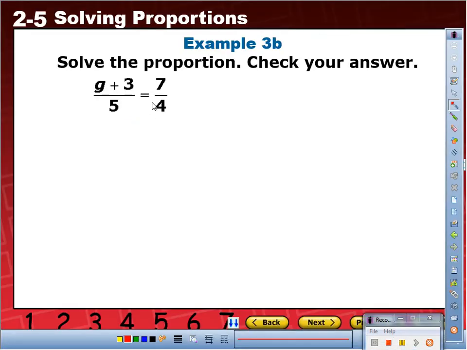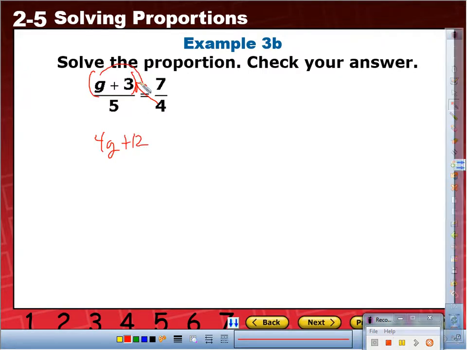Okay, let's see. Cross multiply, I start where the variable is at, so I go 4 times these two. So that becomes 4g plus 12, because I distribute to both. Is that correct? Equals, what is 5 times 7? 35. Therefore, subtract 12, 4g equals 23.